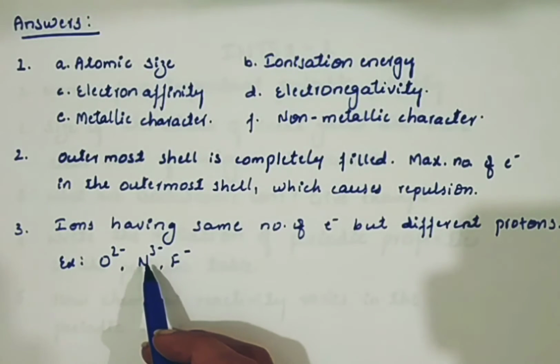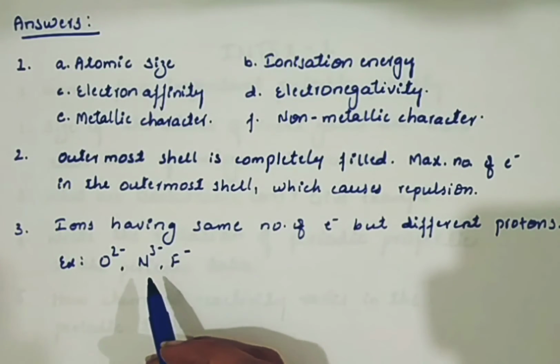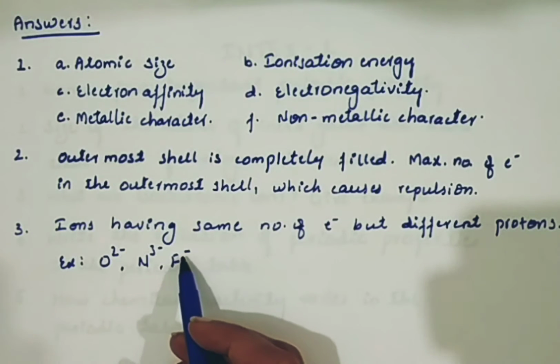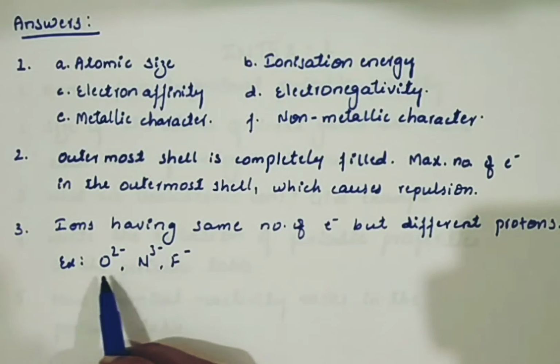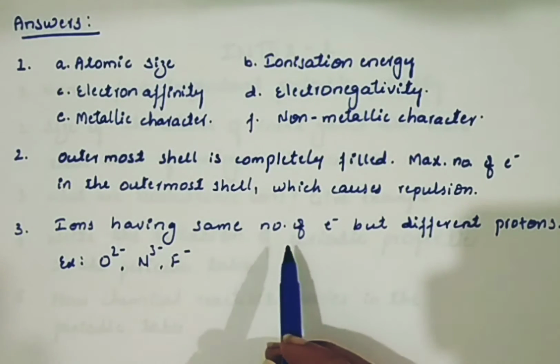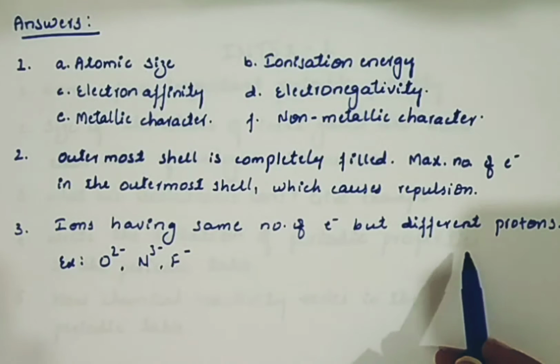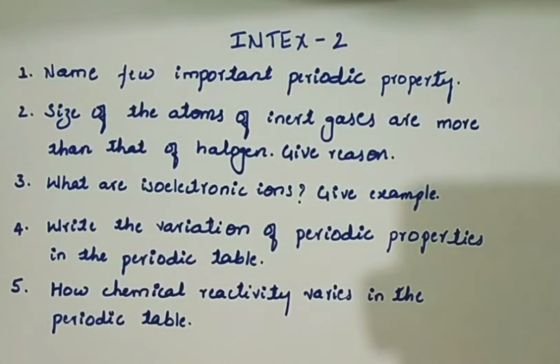Fluorine atomic number is 9, and here it is F minus, so 9 plus 1, 10 electrons. All these ions contain the same number of electrons, 10, but the number of protons is different. So it is an example for isoelectronic ions.